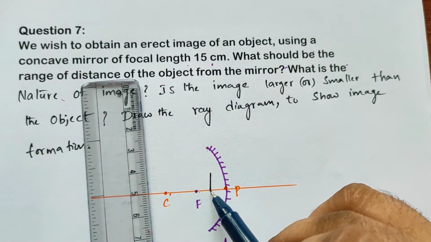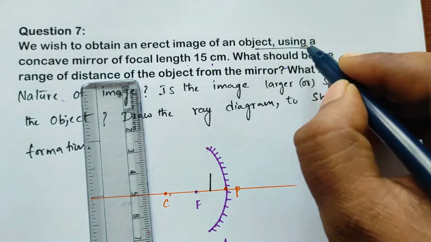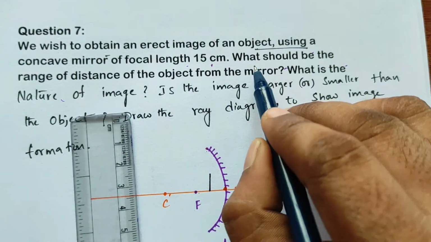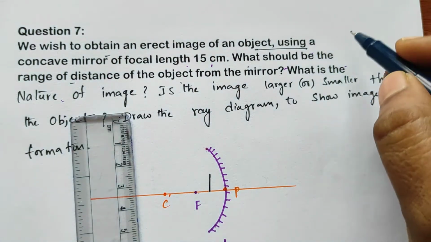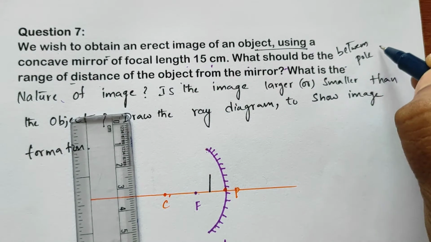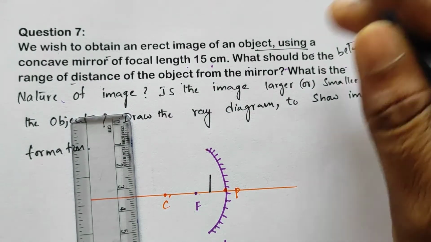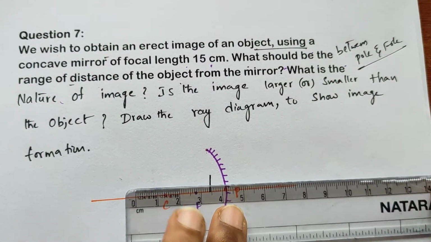So between pole and focus, wherever you keep it, it will form an erect image.